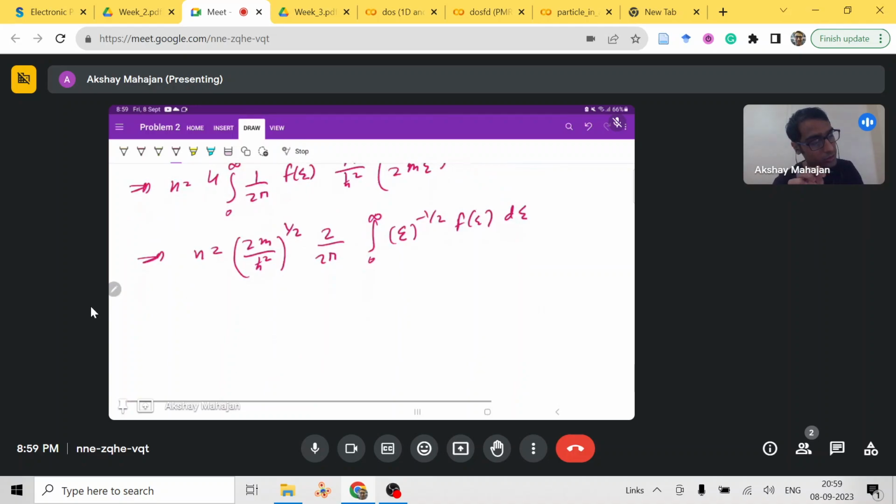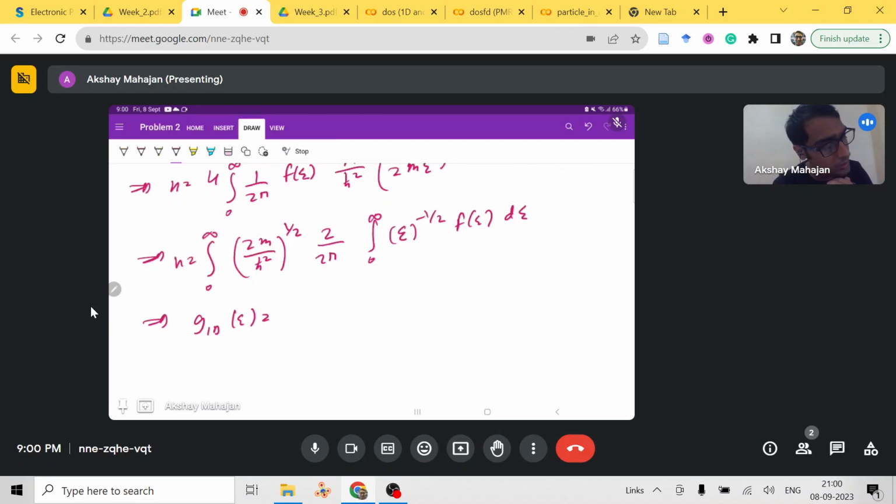Alright, so using this, what is our g 1d of epsilon? This is the density of states, which will be whatever multiplies f epsilon. Let us not take this constant out.